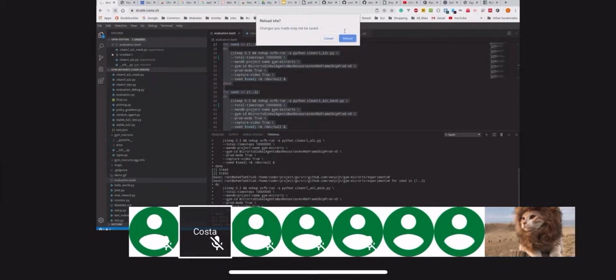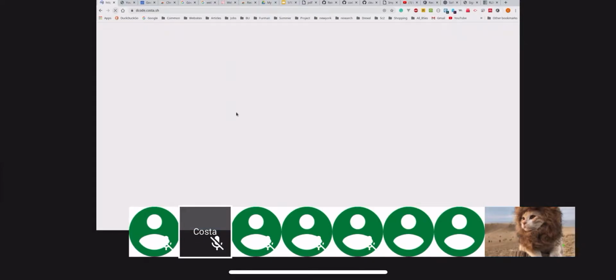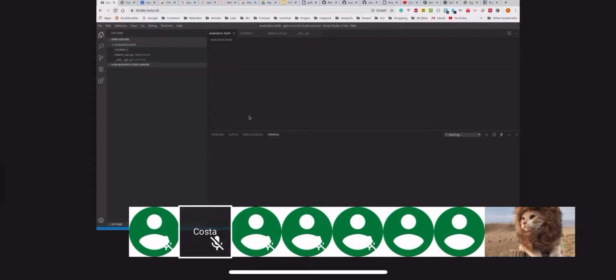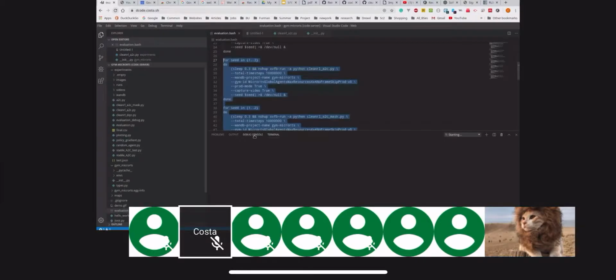My thing is freezing up, this is my computer at work, it's pretty bad. So if I do dash dash help, it's just a standard Python argument parser.